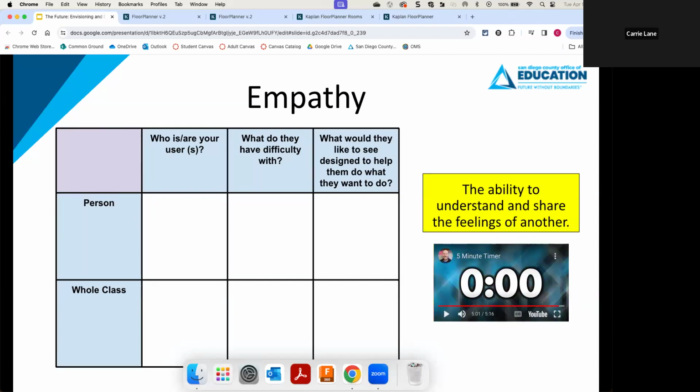So that's the timer we use with students sometimes and definitely reminds you to come back with us. Now that we are done with our 5 minutes, does anyone want to share what they're thinking about through the empathy phase before we move into the define phase? And this is the longest phase.